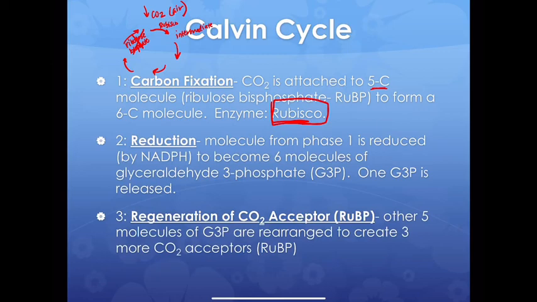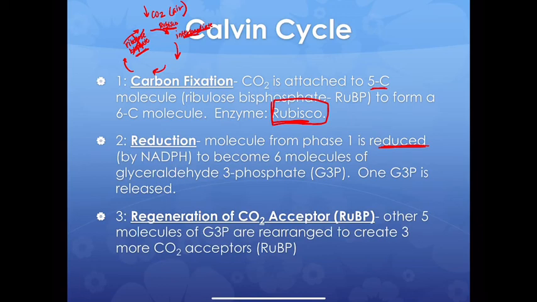So in the Calvin cycle, we have a series of carbon fixation. We're trying to fix this carbon in with ribulose bisphosphate, using the enzyme Rubisco to form this intermediate, essentially here, okay? And so then this intermediate is reduced, okay, to become other molecules, all right? And I'm going to show you a diagram. It's going to make this a little more sense in just a second. And then ultimately, we're trying to get back to this ribulose bisphosphate so that we can accept more CO2 in.